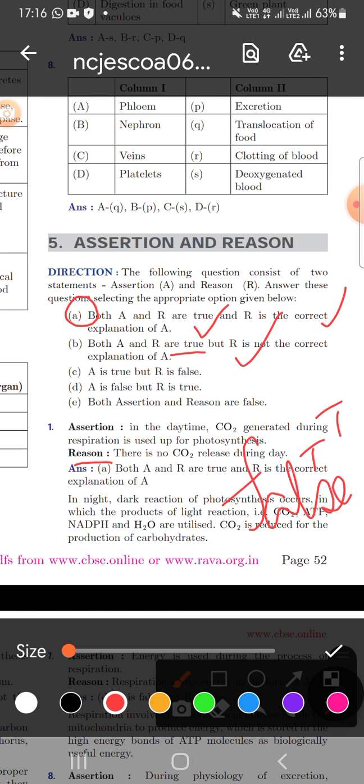Then go with option C. Option D: A is false but R is true, meaning assertion is wrong but reason is true. When you read the assertion and come to know that it is a false statement, don't even waste a minute reading the reason statement, because when you are confident enough that assertion is wrong, straight away go to option D.